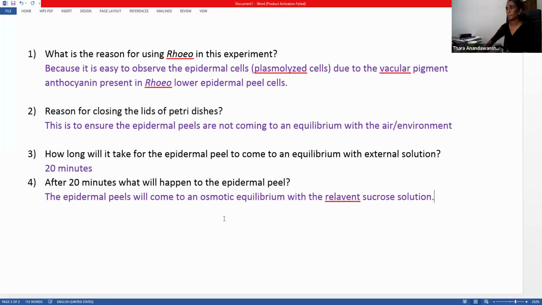Agree? At this stage, as we discussed before, an equal amount of water goes in and an equal amount of water molecules goes out. Right? That is the scenario. Write down the correct answer there. Answer the question, both.